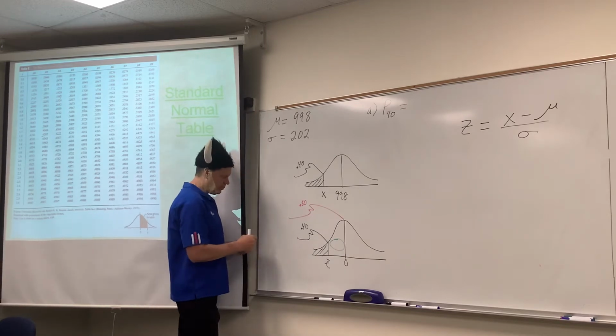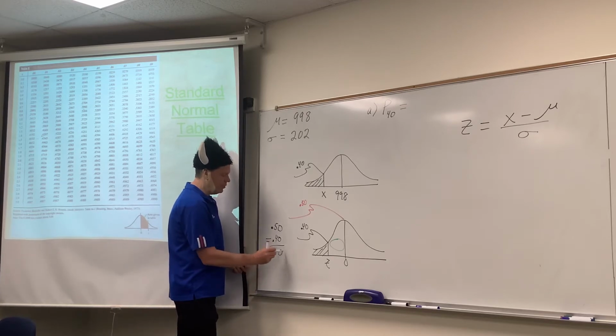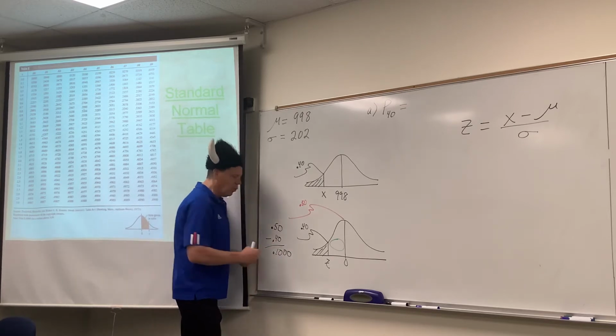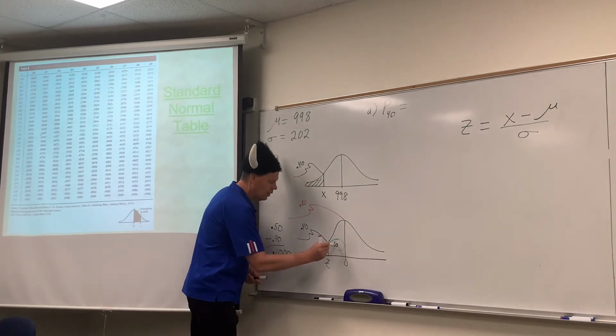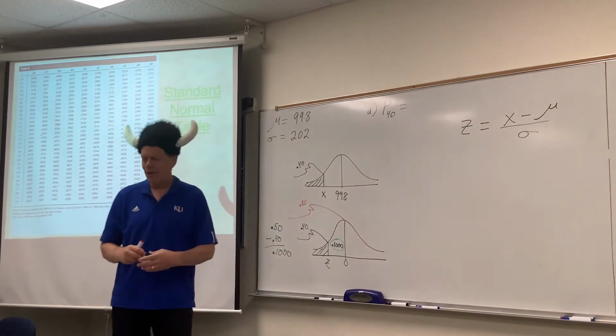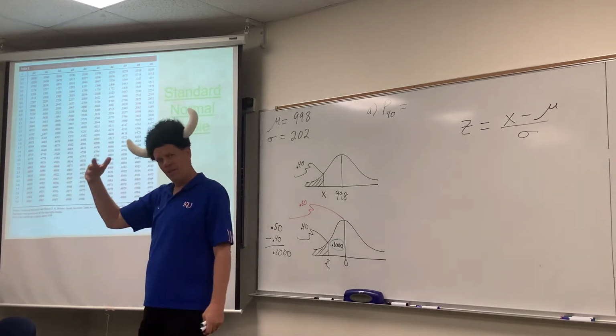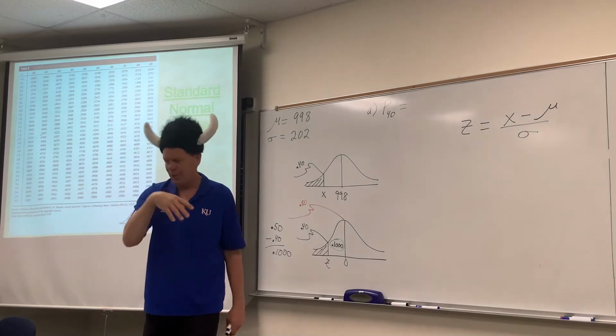So, 50% minus 40% leaves a middle sliver of 10%. 0.10, 0, all right? The extra zeros are there again because the probabilities in the body of this table go to 4 decimal places.